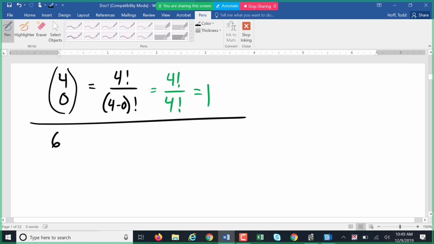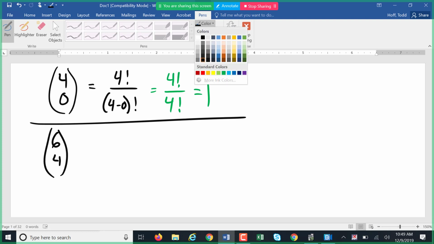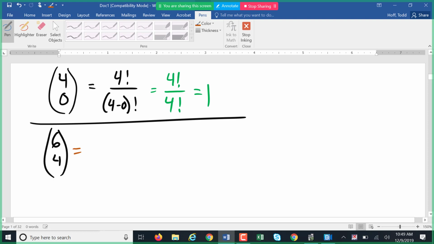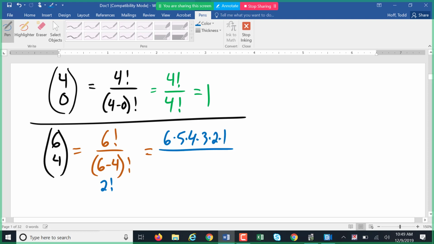What if we have 6 choose 4? Well, 6 choose 4 will be 6 factorial over 6 minus 4 factorial. So 6 minus 4 is 2, so that's 2 factorial. So this will be 6 times 5 times 4 times 3 times 2 times 1 over 2 factorial, which is just 2 times 1.